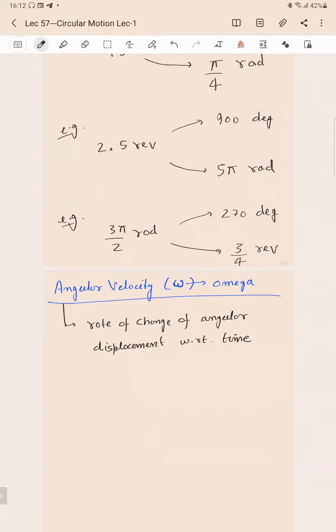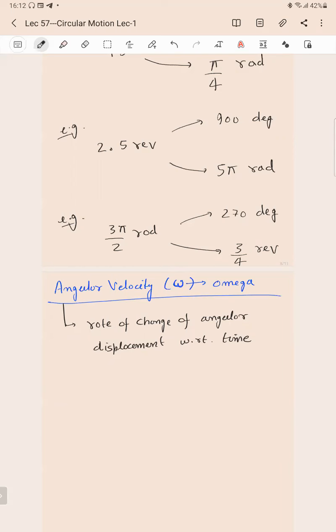Yes, sir. Okay. Now, if you remember, while defining velocity, we have two of its forms. One is average velocity and one is instantaneous velocity. Do you remember that? Yes, sir.